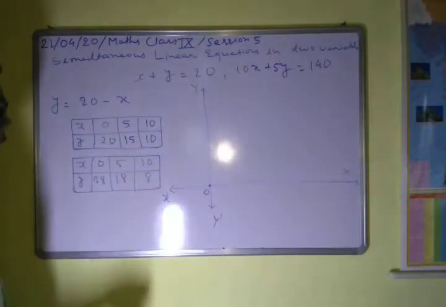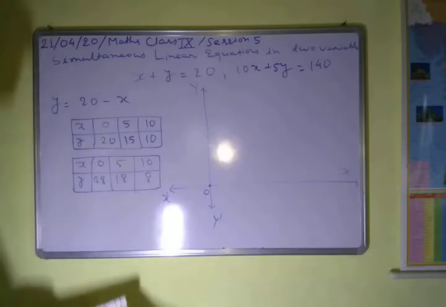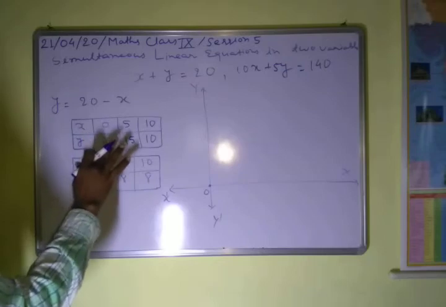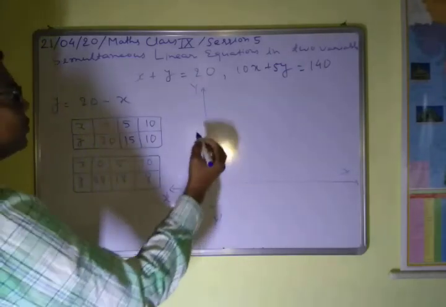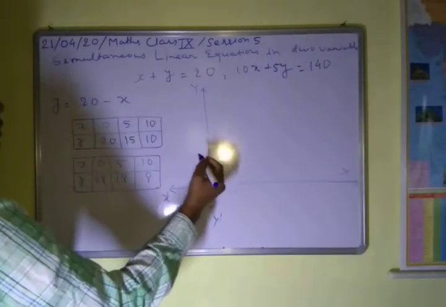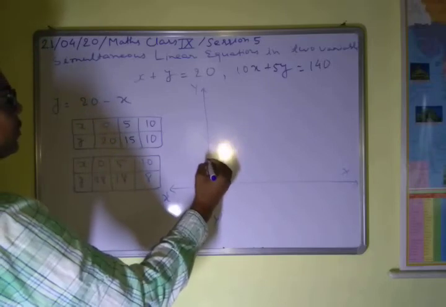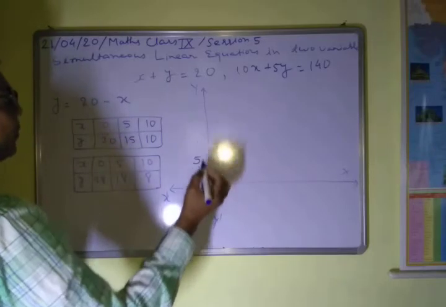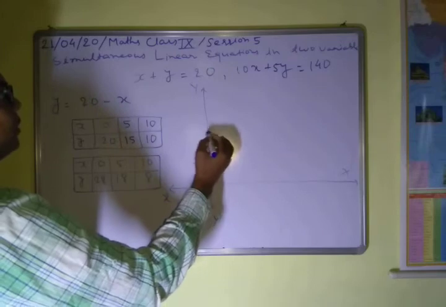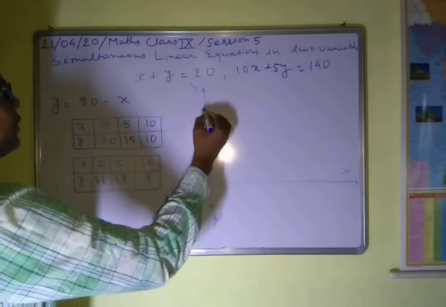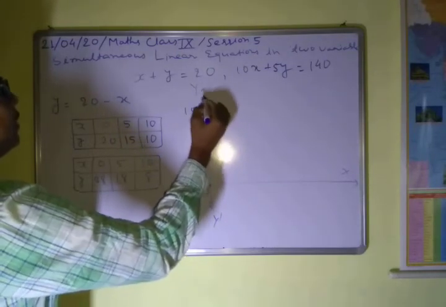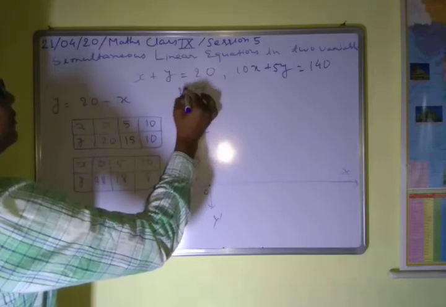So suppose in this graph it is 5, 10, 15, and then 20.